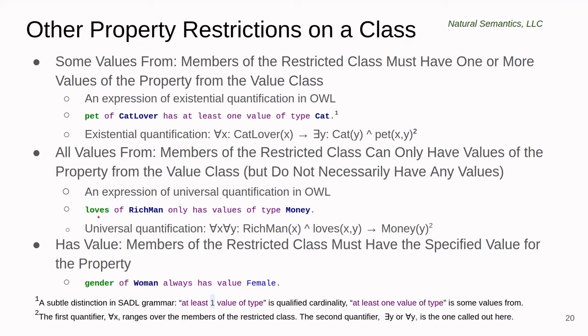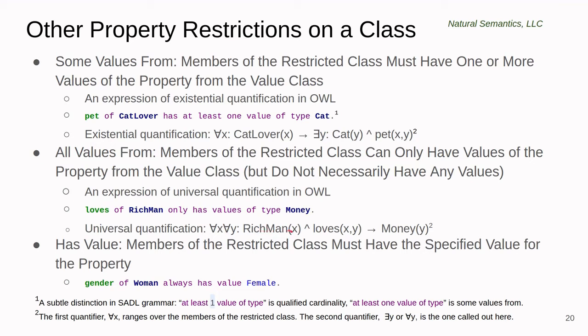Our controlled English representation would be, for example, loves of rich man only has values of type money. Looking at this now as a predicate logic statement, for all x, for all y, rich man of x and loves x y implies money of y. So once again, the first quantification is just over all of the members of the class.